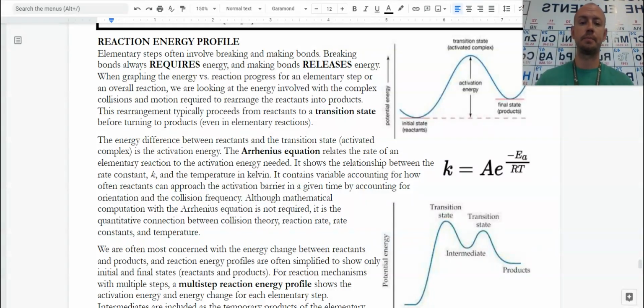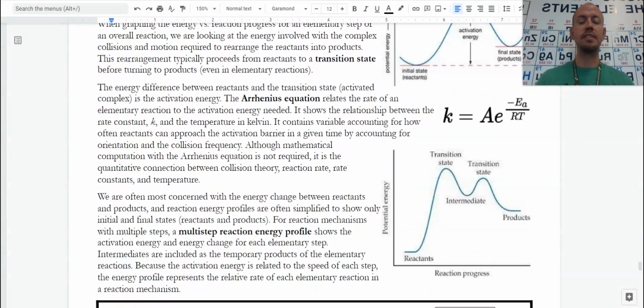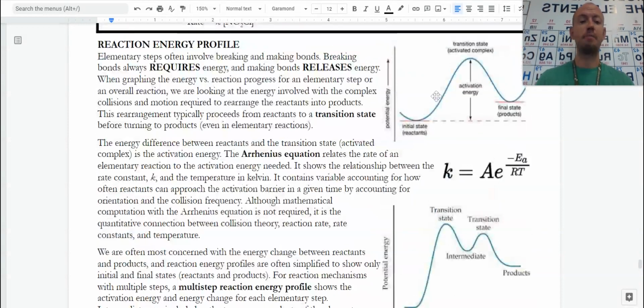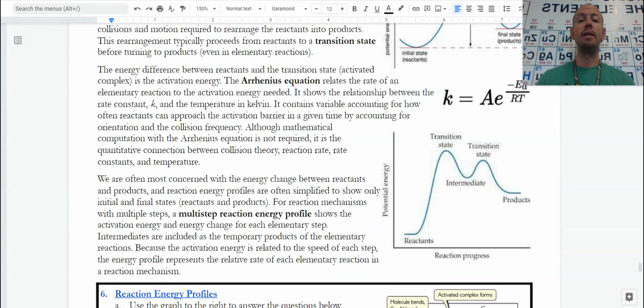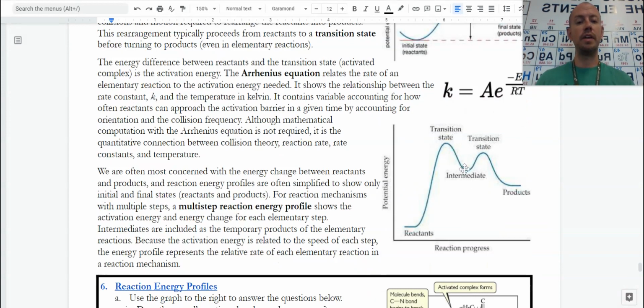A lot of times we are looking simply at, from reactants to products, what is the energy change? From reactants to the most energy needed, what is the energy required, or the activation energy? But when we get into mechanisms, we know that there are multiple changes occurring.